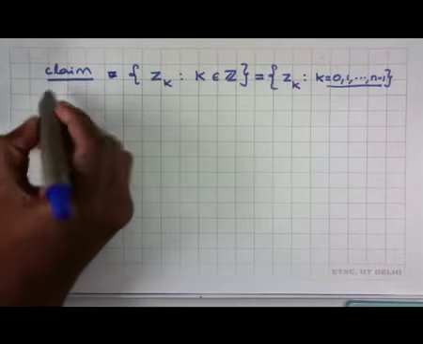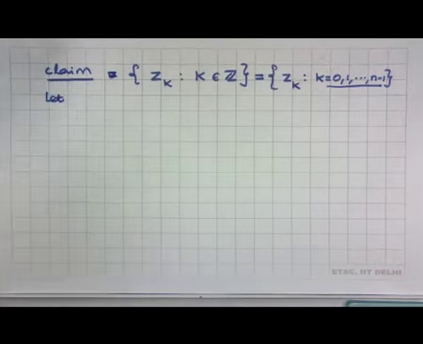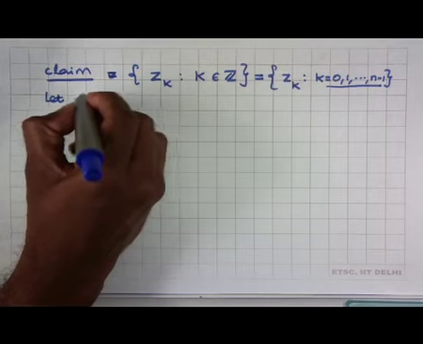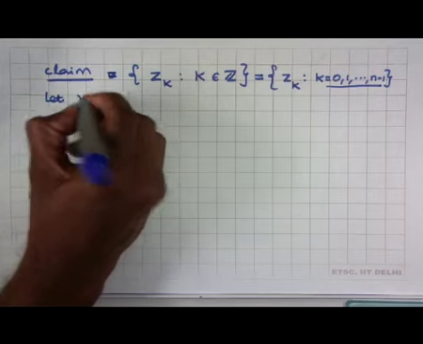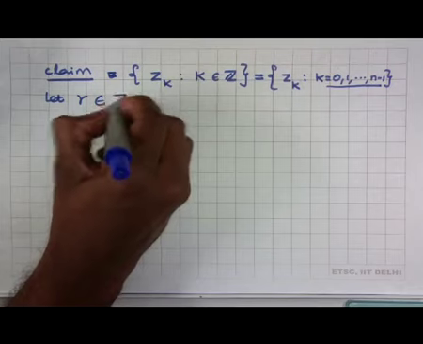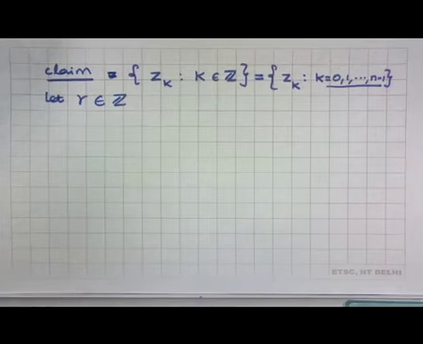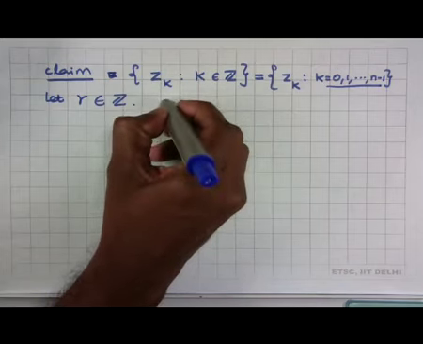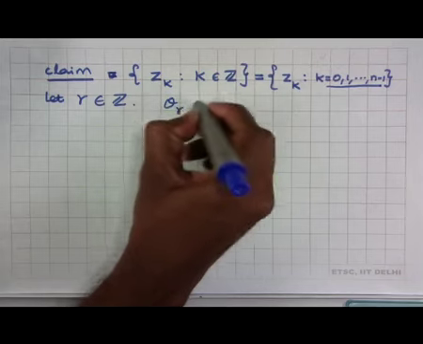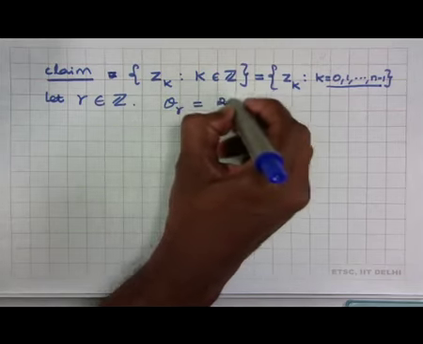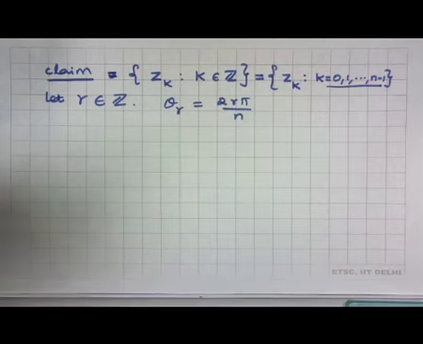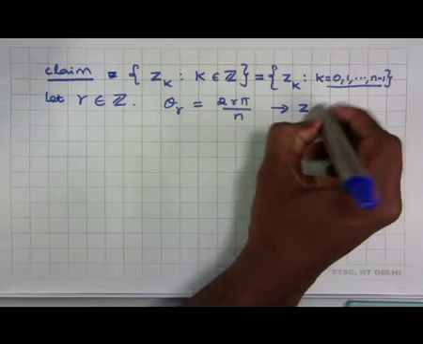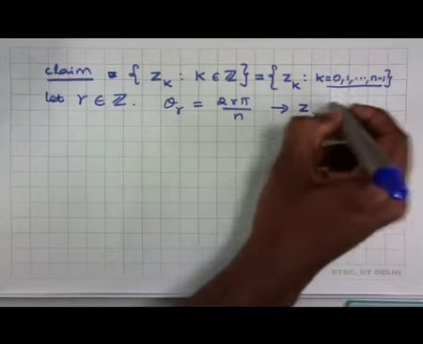So to prove this, let us consider an integer, let us call it r, which is in the integers, and we consider zr, which means the corresponding theta r is given by 2r pi by n, and correspondingly we have zr.